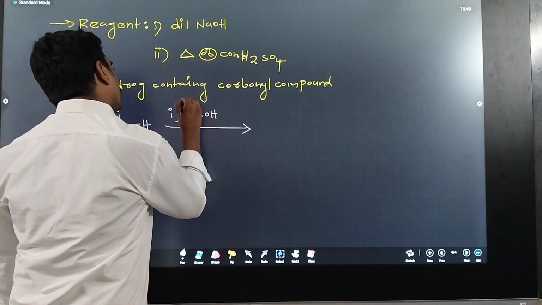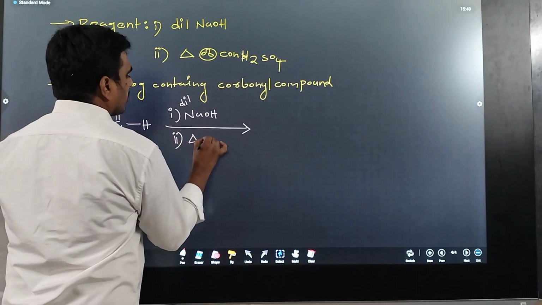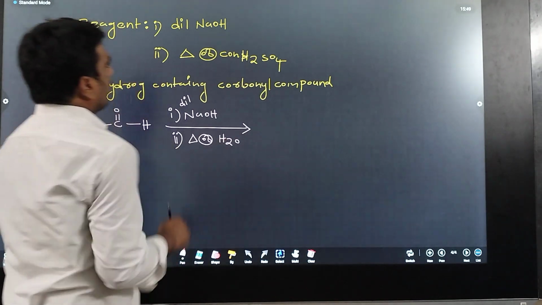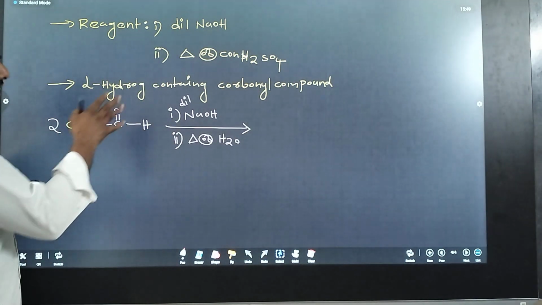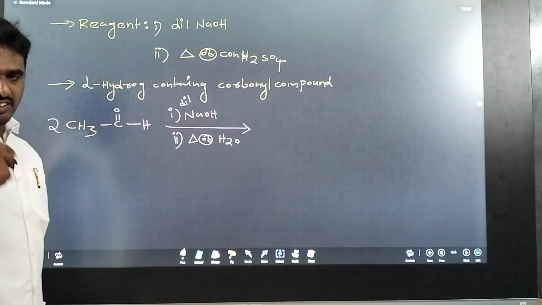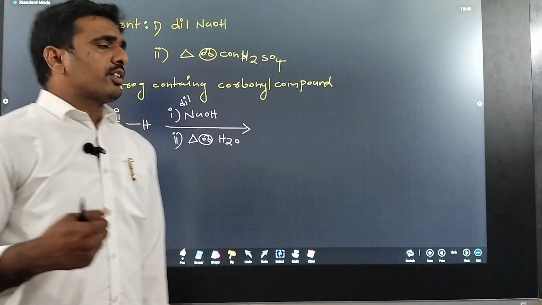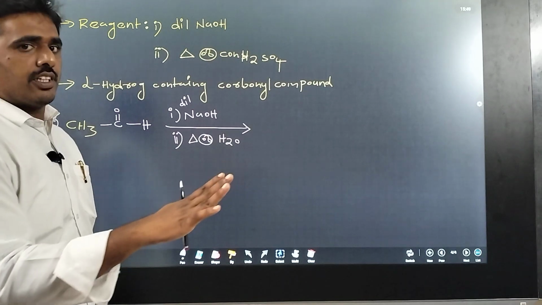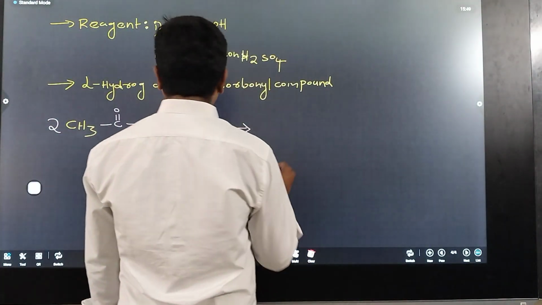The second is heat or concentrated H2SO4. In this reaction, dilute NaOH acts as a base, and heat and concentrated H2SO4 act as dehydrating agents. A dehydrating agent is a species which can remove a water molecule from the substrate. So here we get a product.